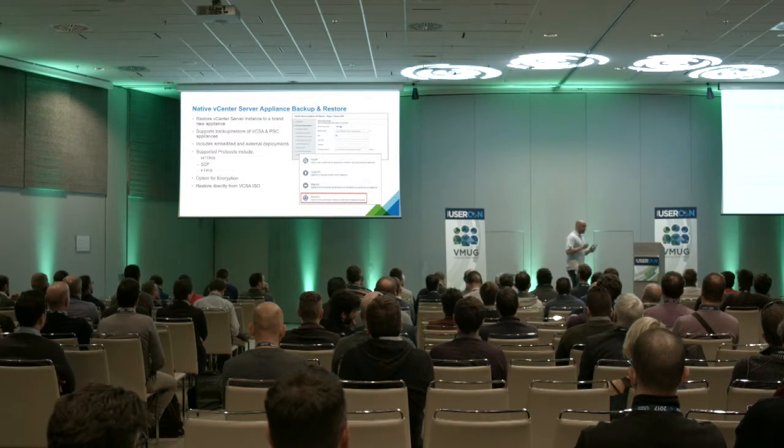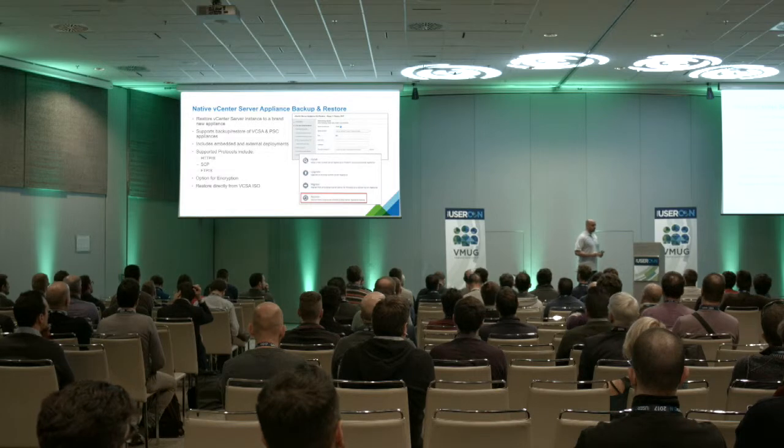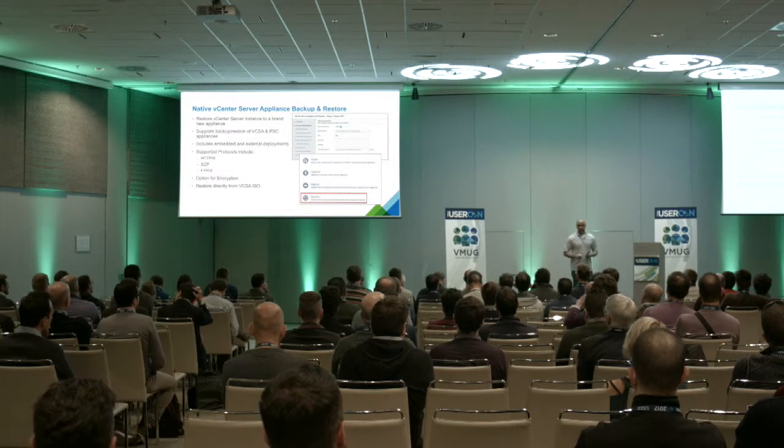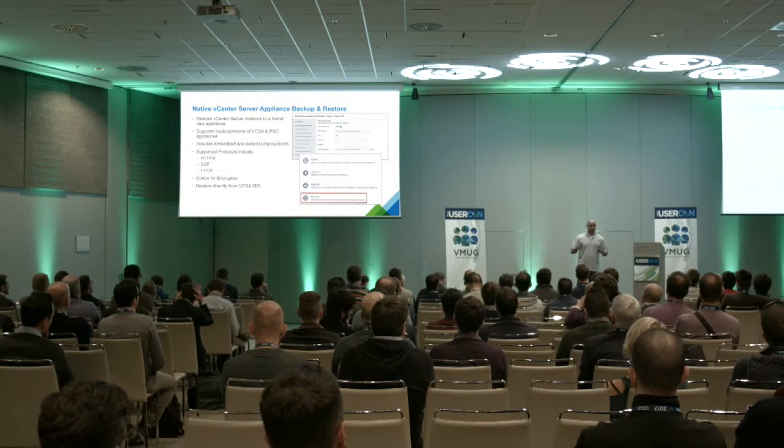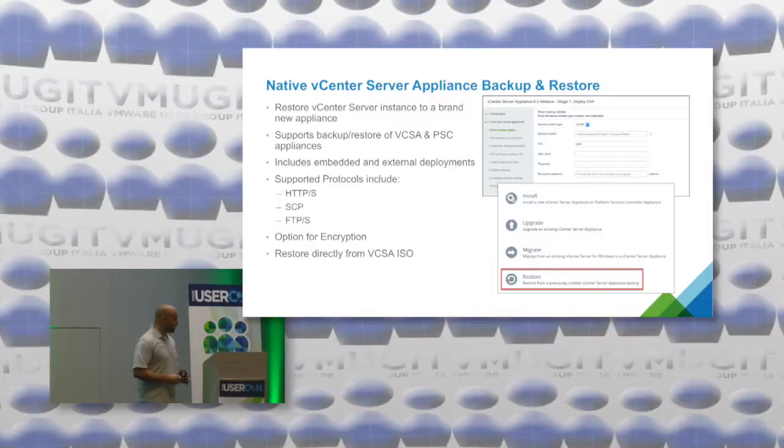What this does is it gives you that insurance policy because we won't back up unless the VCSA is in a good state. So I'll give you an example. Let's say, for example, one of the services is down, and you try to click backup. It's going to come up and say, go fix that service, and then come back and back me up.